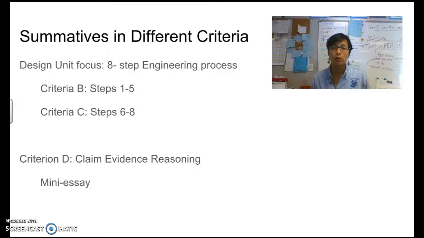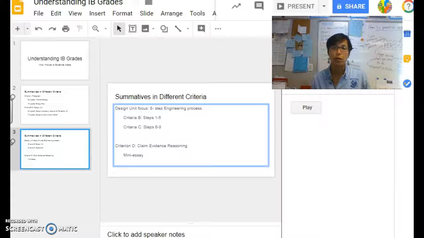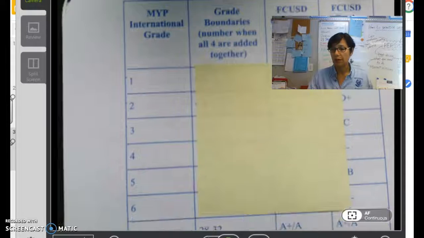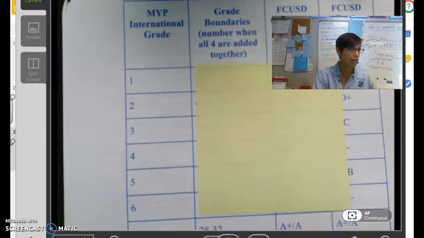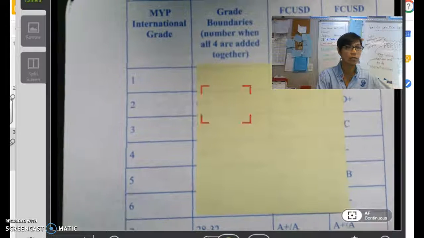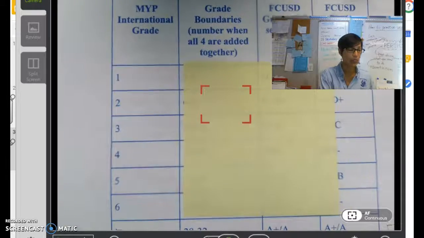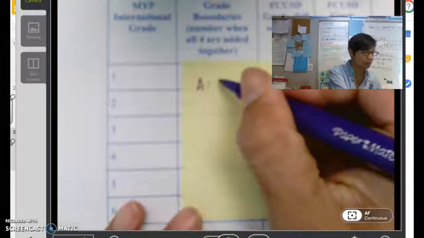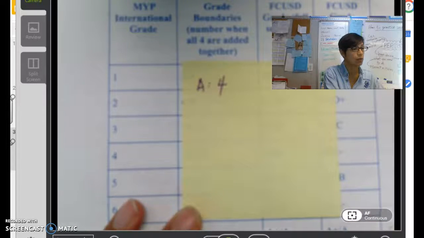Alright, so how is your letter grade calculated? So let's say that for criteria A, which is the pictograph, you got a 4 out of 8.